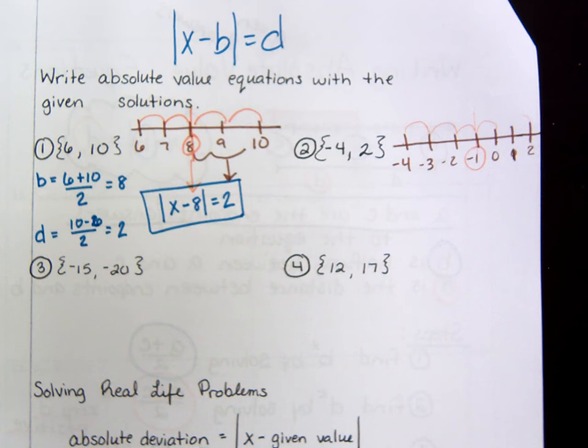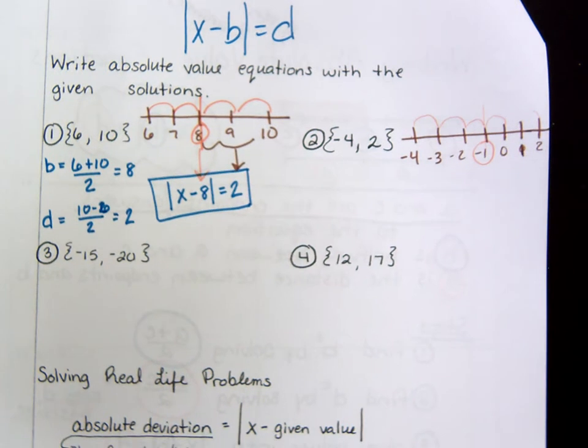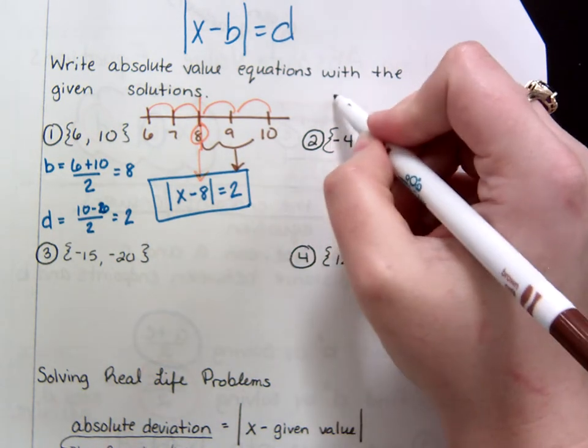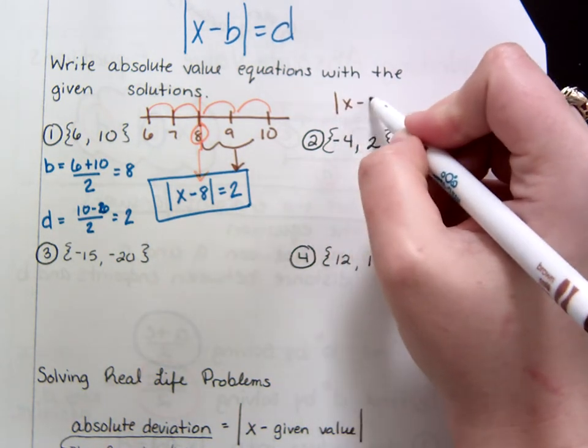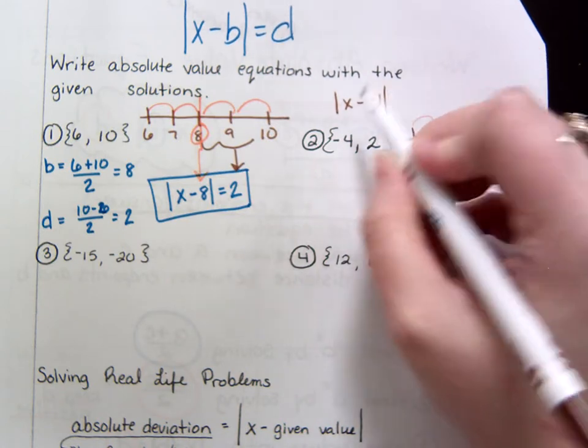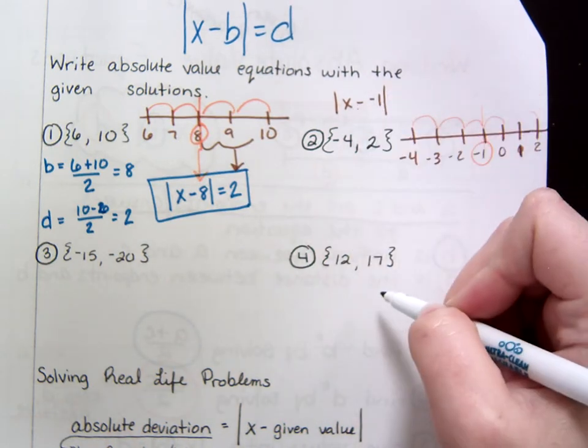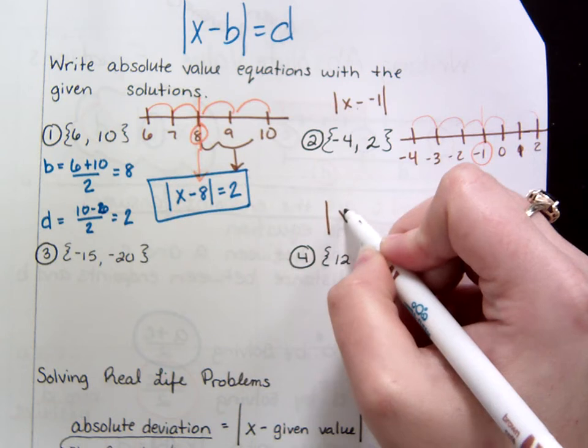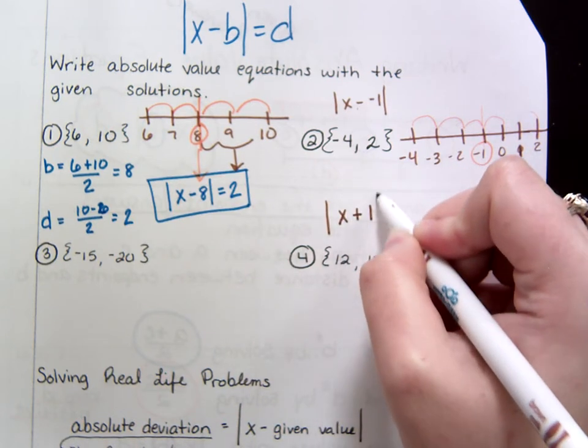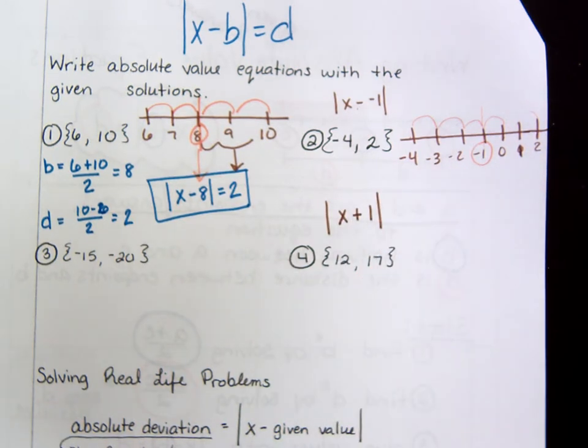So -1 is my midpoint. When I go to write out my equation, keep in mind what you're going to have is x minus -1. You're subtracting a negative. If you're subtracting a negative, you're really adding. Double negative changes to addition.